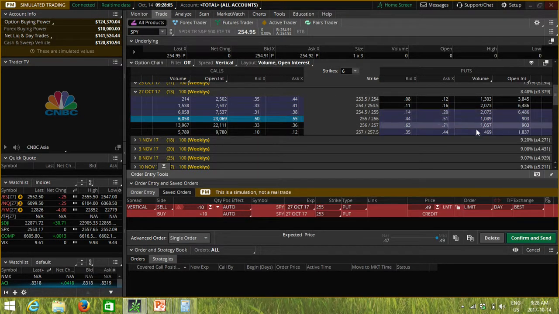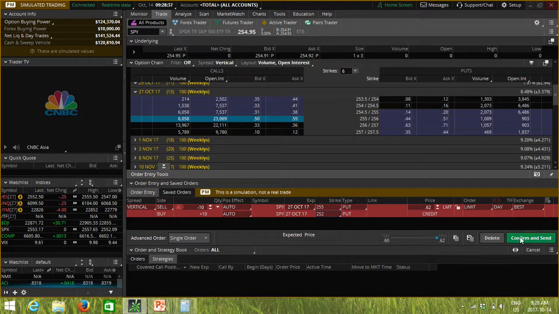Now, you can try to get a bit more credit by simply expanding the strikes. Here we've got a 62-cent credit if we go down to the 252 put. But keep in mind, when you expand the strikes, you're also going to expand your max loss, because now you have a $3 difference.